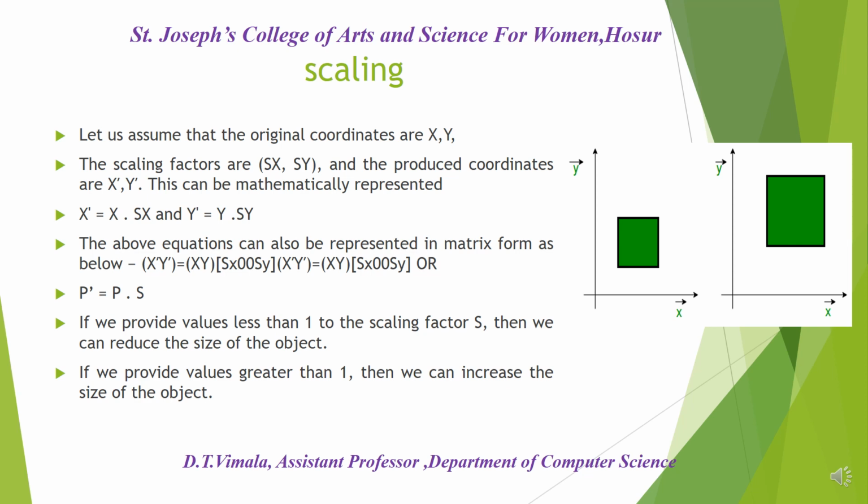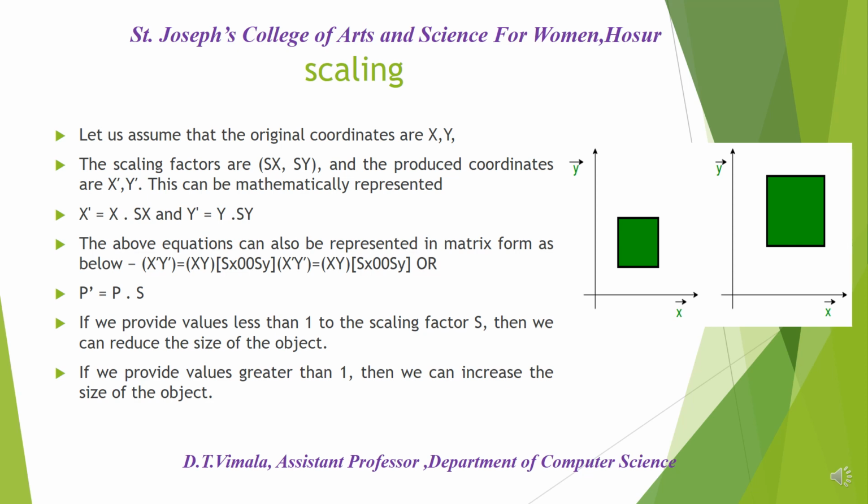We multiply sx comma sy with the original coordinates x and y. X dash equals x dot sx and y dash equals y dot sy. We represent it in matrix form as P dash equals P into S, that is P dot S.